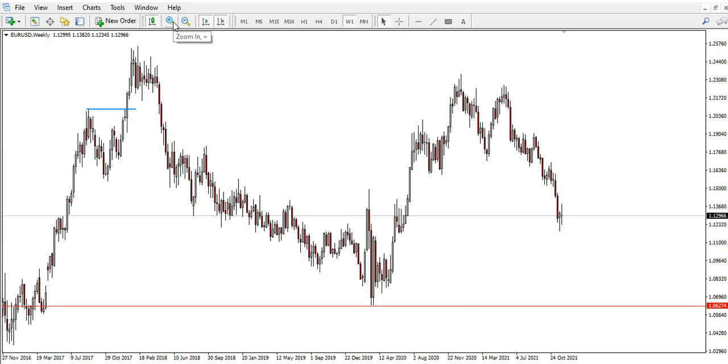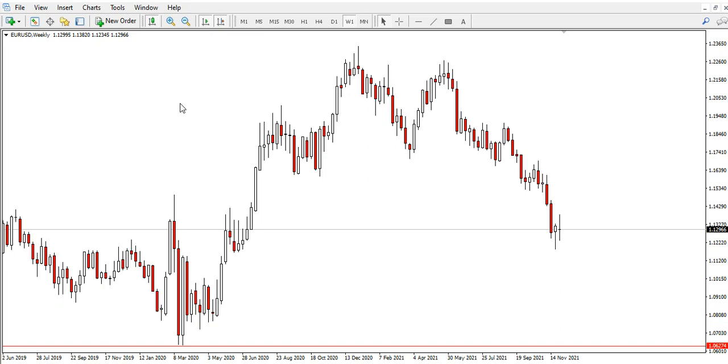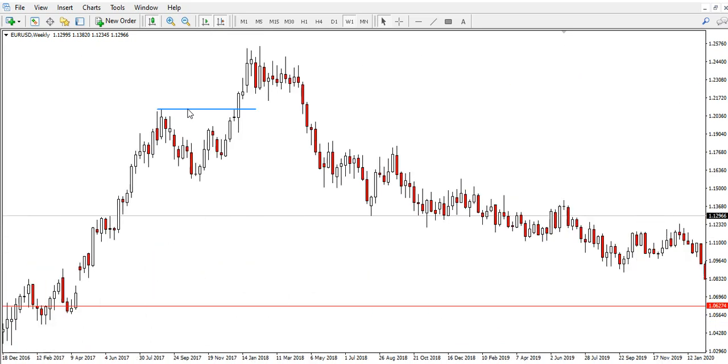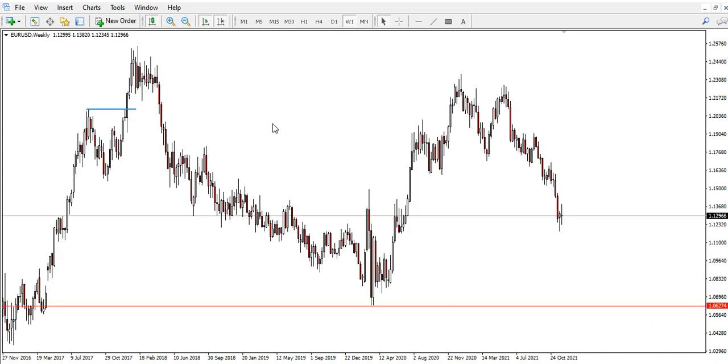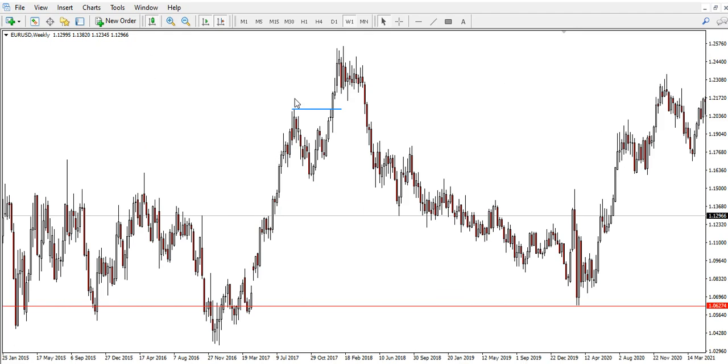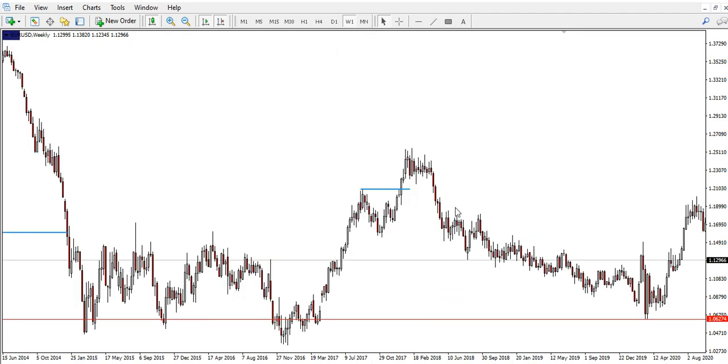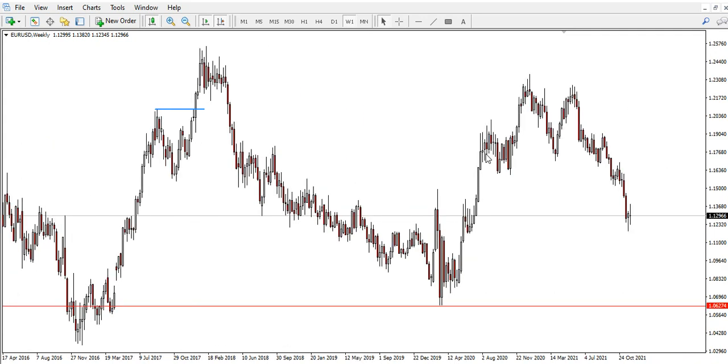Let's zoom in once again. And then here's the thing. Now I just highlighted this break of market structure here with price going up, but the overall move is bearish, right?